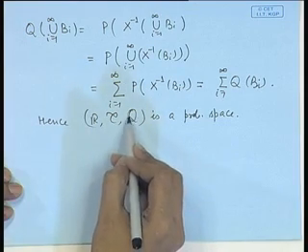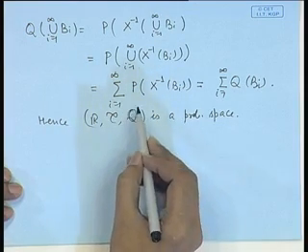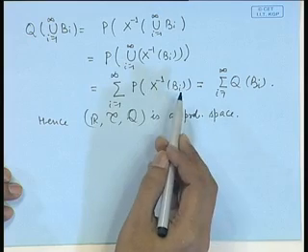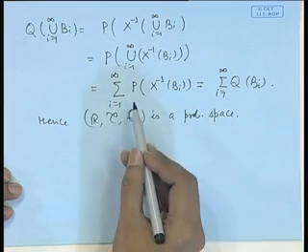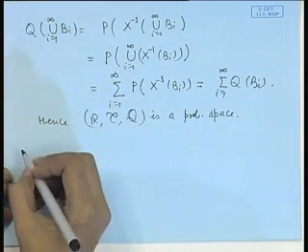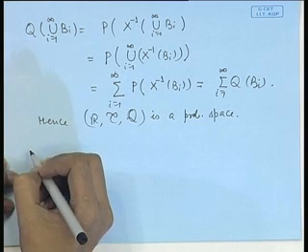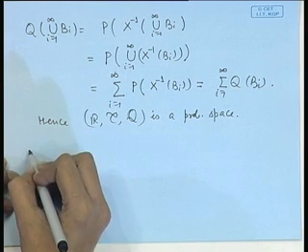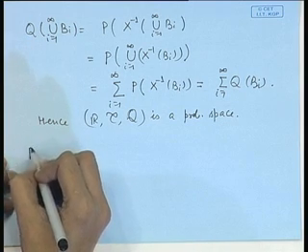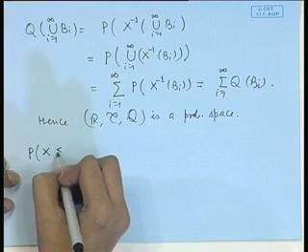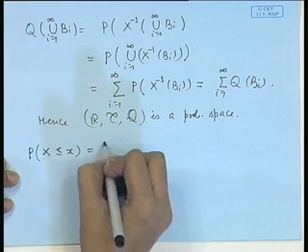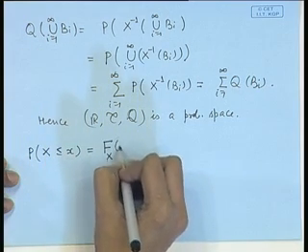Since Q is a set function, and here I am looking at the real numbers, there is another function which we consider, and it is called the distribution function. We define the probability of X less than or equal to x as F_X(x).